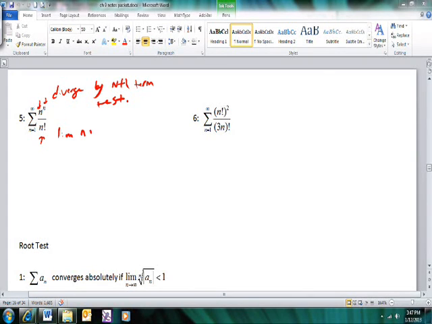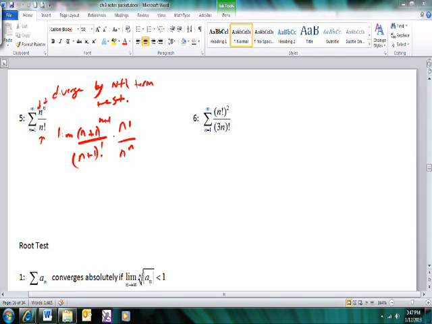of (n plus 1) to the n plus 1 over (n plus 1) factorial, times, so remember we divide by the original, so that means multiply by the reciprocal, n factorial over n to the n.